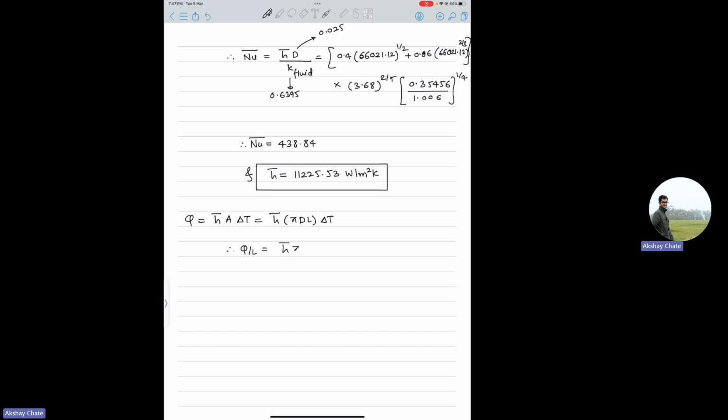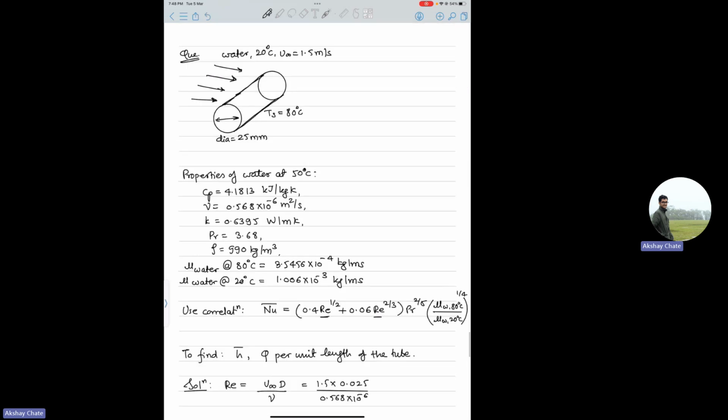So you will have H bar pi d into delta T. Now delta T is your surface temperature of the tube minus T infinity. So you can plug these values into pi into 0.025 into 80 minus 20, right? What is your T infinity? Yeah, 20. So 80 minus 20 will be 60.